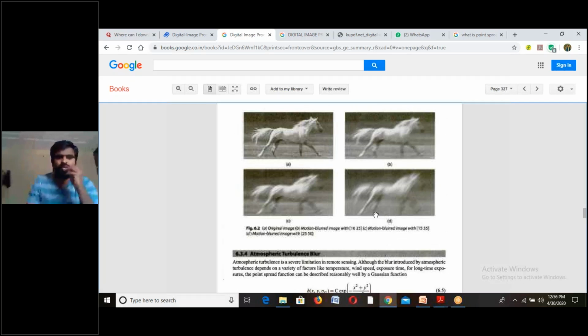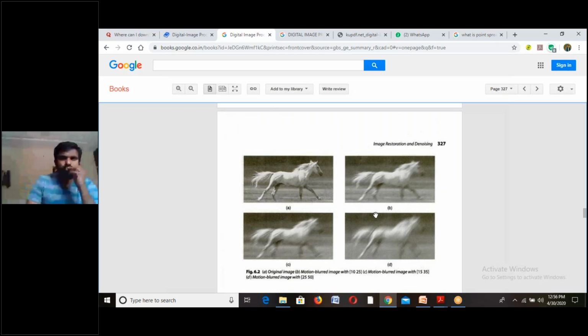So Chaturya, here is your question. What do you mean by without noise? You said inverse filter is used for what, sir? If there is no noise, and ultimately, as I said, while capturing, if there is any blur, to restore that image we use this. It is called blur, motion blur.